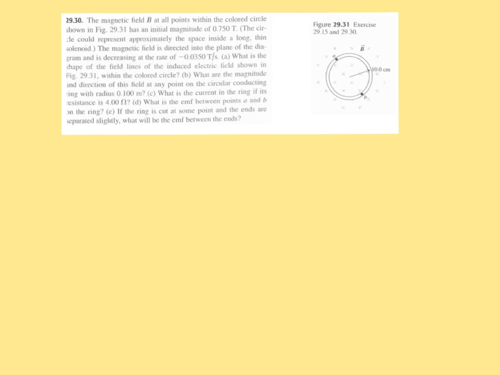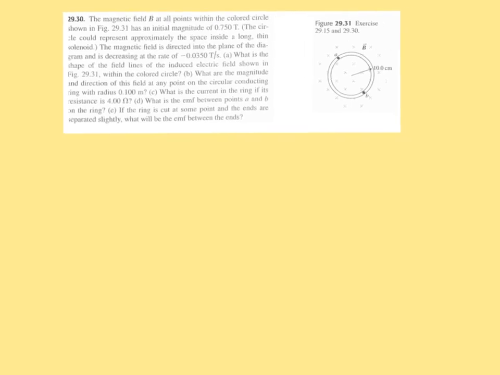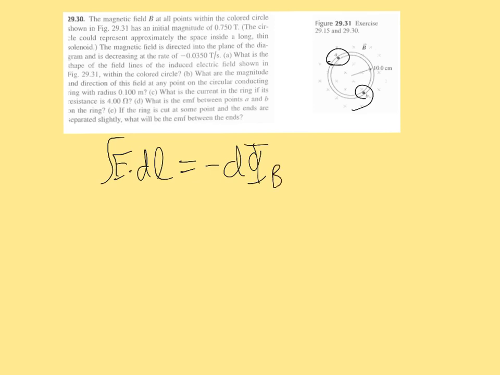D says, what's the EMF between points A and B on the ring? So here's A and here's B. Well, we can do it the same way. We go back to E dot dl equals negative d phi dt.